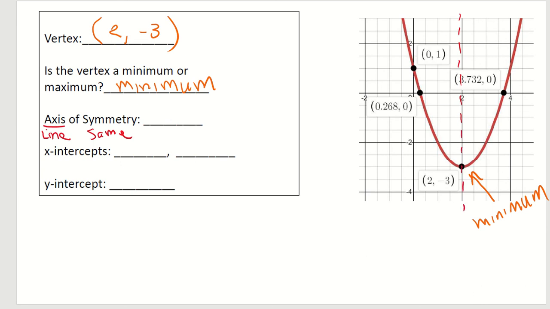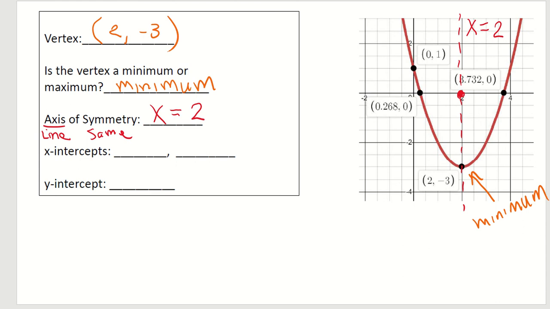What is that line? Well, let's think about the x value that that line passes through. The x value it passes through is 2. Every point on that line has an x value of 2, and the y values are all different. So the equation just says x equals 2, and it doesn't matter what y is. That's the equation of a vertical line that passes through the x-axis at 2.